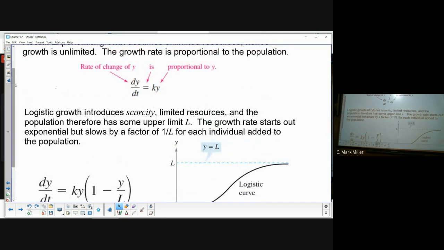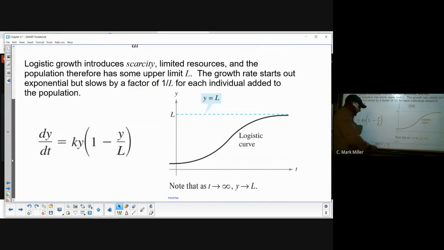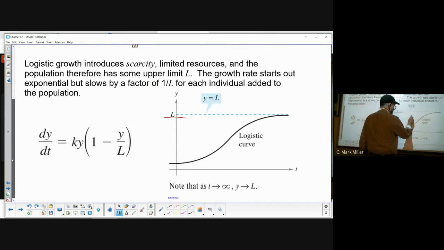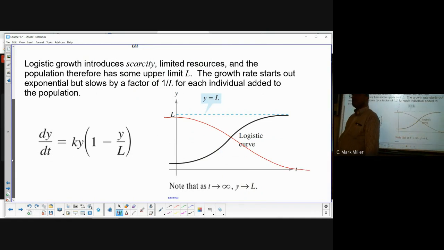Here's the key assumption. Oh, by the way, it can go this way too. It can also do this. There's logistic decay as well. Now, the variable on the vertical axis is y.